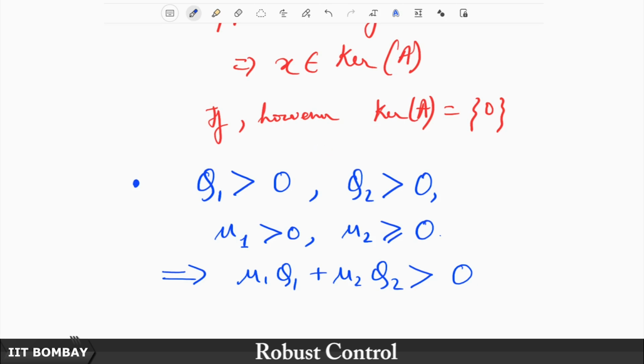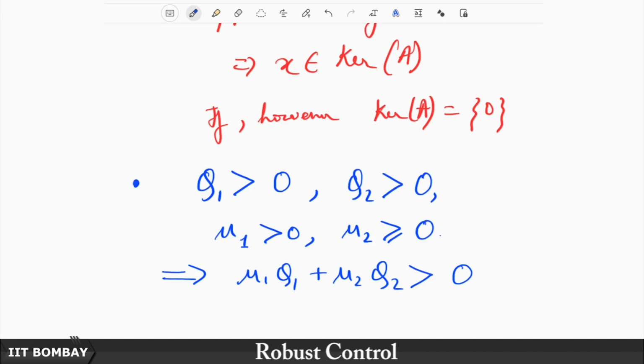The other one can be non-negative. Flip the roles of mu1 and mu2, it does not matter, it is one and the same. So without loss of generality, I have chosen mu1 to be the strictly positive entity and mu2 to be the non-negative entity. You can flip the roles.